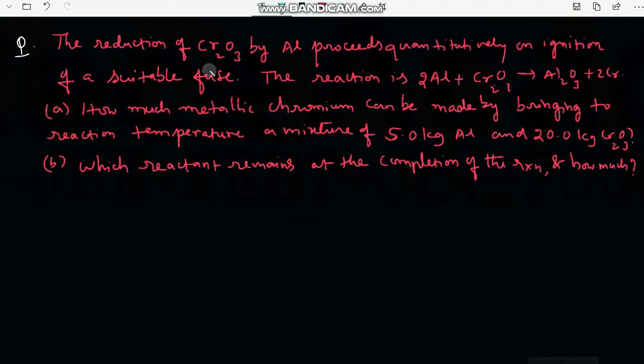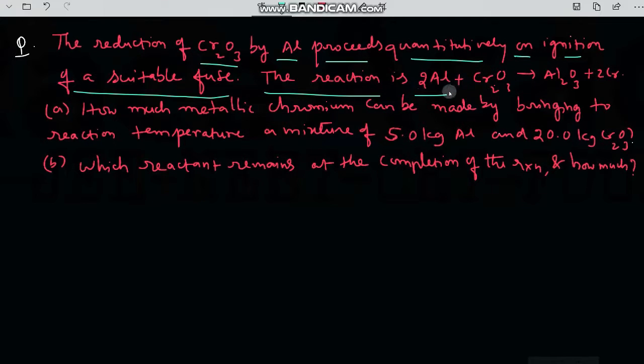Let us see the next question. The reaction of Cr2O3, chromium oxide, by aluminum proceeds quantitatively on ignition of a suitable fuse.